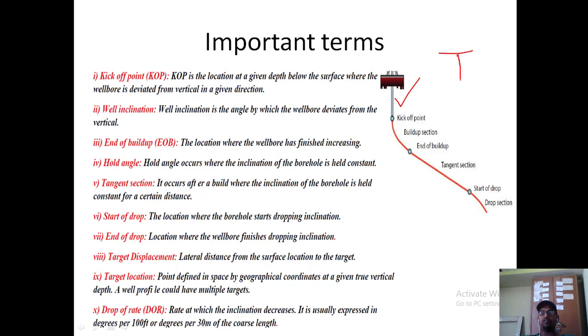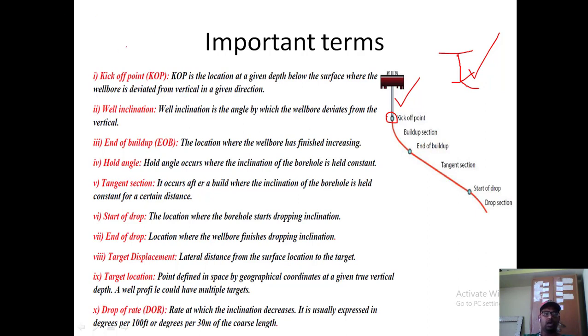The point from where the well starts deviating from vertical to a particular angle or direction is called the kickoff point. In this figure, this point is the kickoff point, because once we start drilling the well is completely vertical, and from this point it starts deviating in some assigned direction.